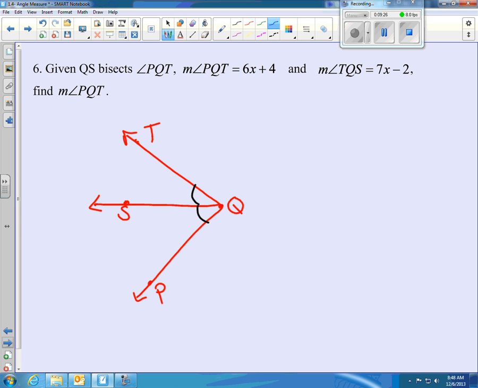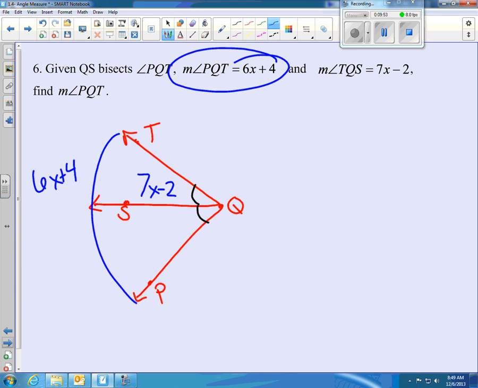So the whole angle is 6x plus 4. And TQS, which is half of it, is 7x minus 2. Find the entire measure. Well, if PQT is 6x plus 4 and SQT is half of that, I want you guys to think about what our equation will look like, and I want you to find x. And then once you find x, plug it back into PQT. Bring that done for the next day we have class.